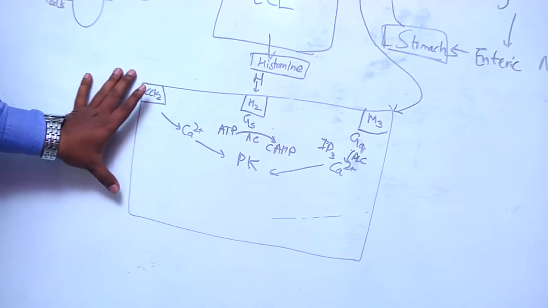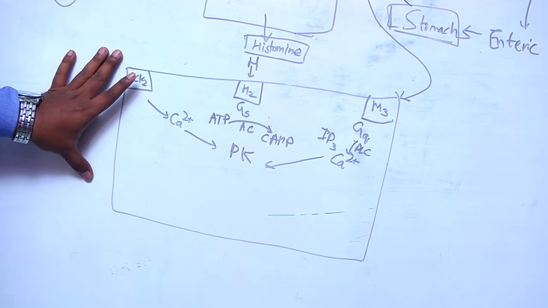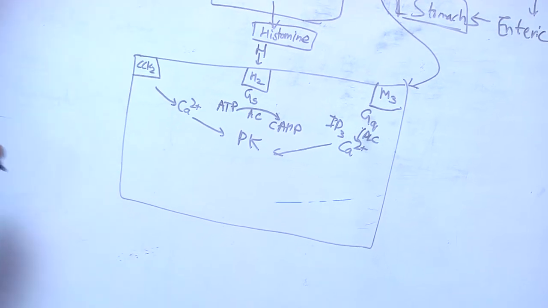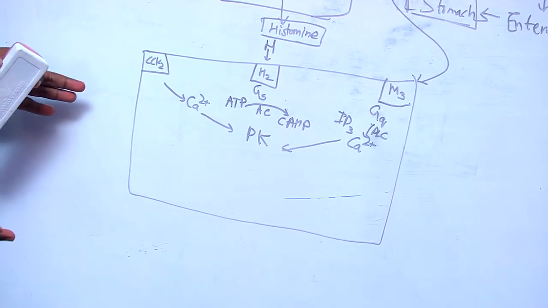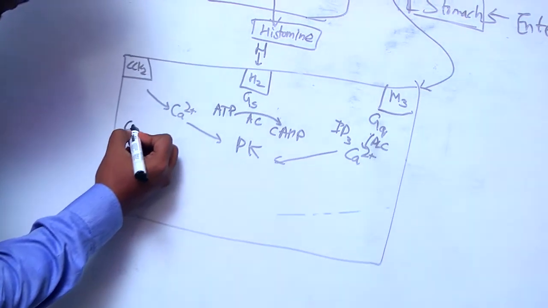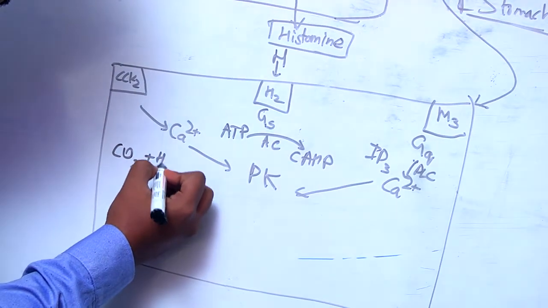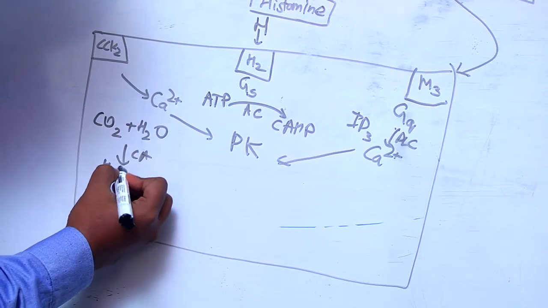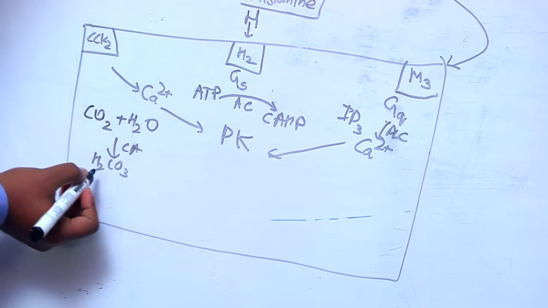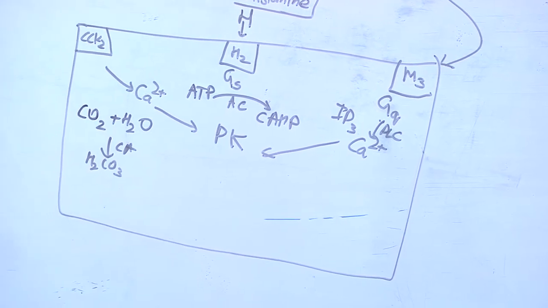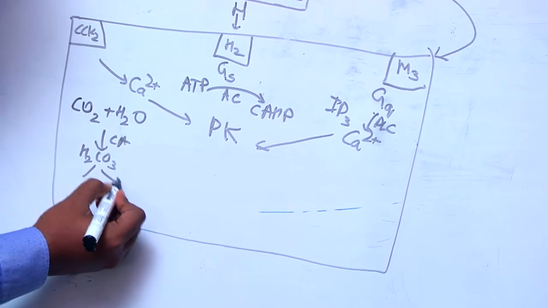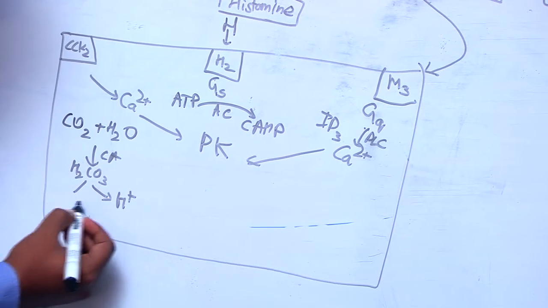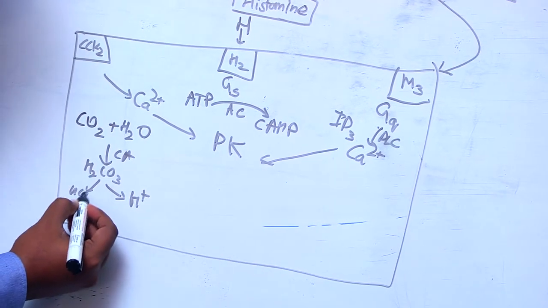So there is a carbonic anhydrase system in the parietal cell as well. So here the carbonic anhydrase system comes into play. Right? So there is formation of carbonic acid which gets dissociated into H plus and bicarbonate ions.